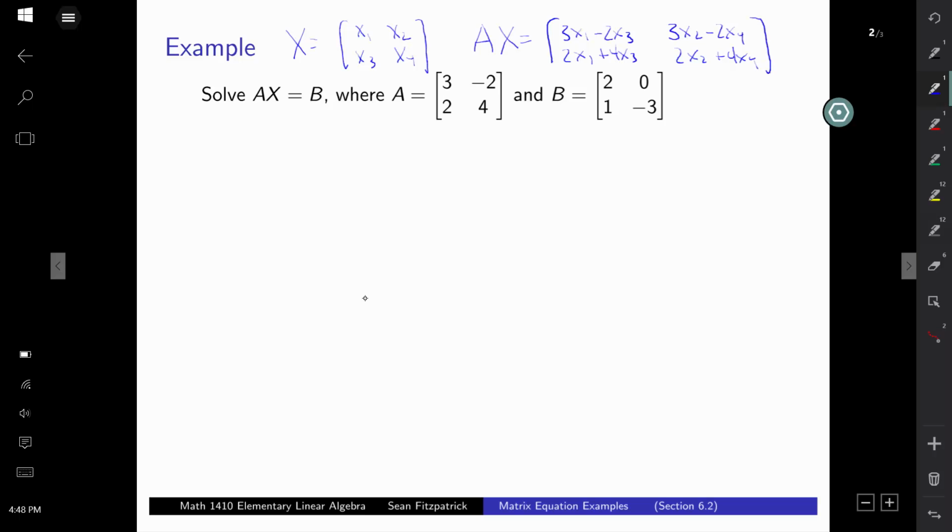And then of course this guy here would be equal to 2, this guy should be equal to 0, this guy should be equal to 1, this guy should give me minus 3, right?